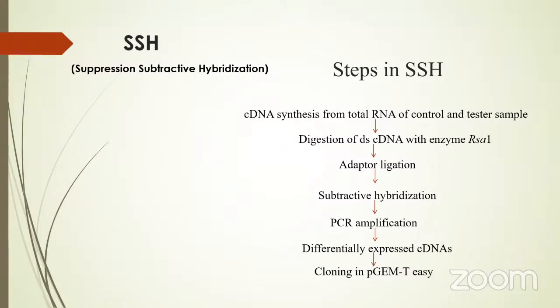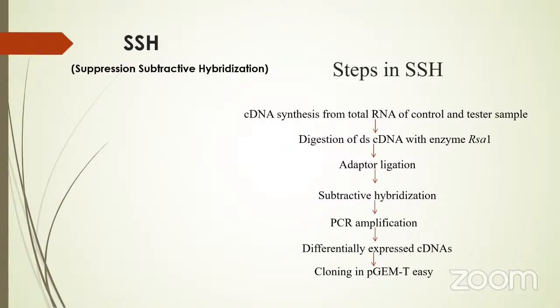That means you have a control and a treated sample, and you want to identify what novel gene is expressed in the control or in the treatment. Understood? So it is a differential gene expression study, not by fold change. You just want to identify the novel gene present in the control or in the treatment. For that, SSH is very useful.